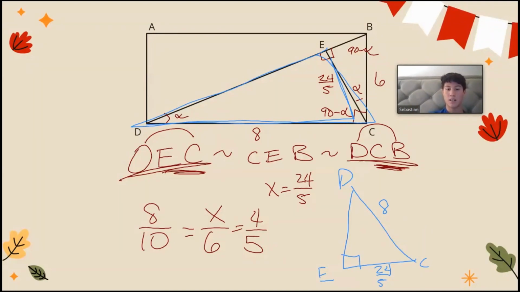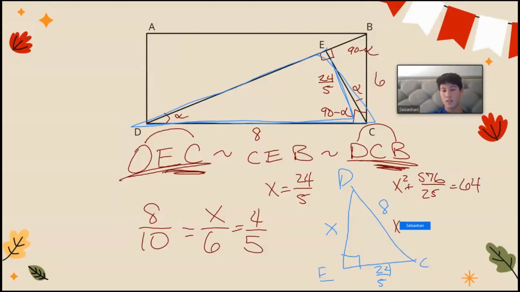We can still call it X. So now we can do A squared plus B squared equals C squared. So we have X squared plus 24 over 5 squared is 576 over 25 equals 8 squared, which is 64.